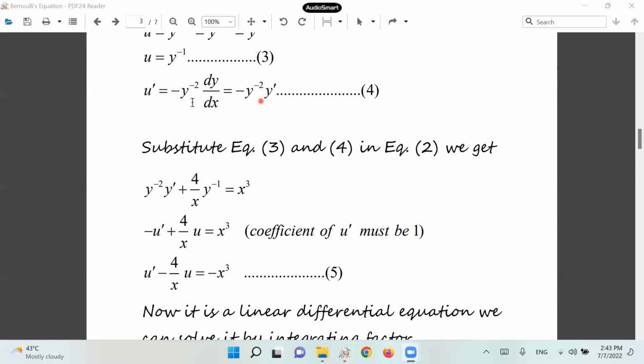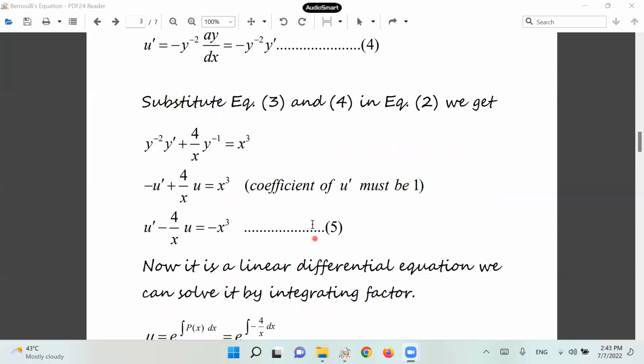From equation 4, y^(-2) y' equals u', and we put a minus sign because here it is negative but in equation 2 it is positive, so it becomes minus u'. 4 over x is the same, and y^(-1) equals u. So we get -u' + (4/x)u = x^3.